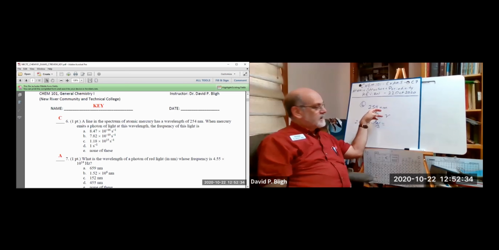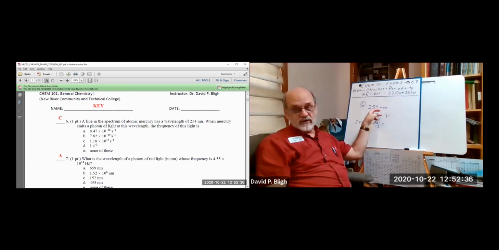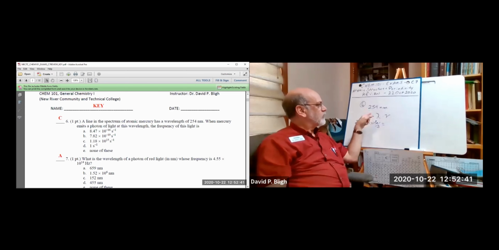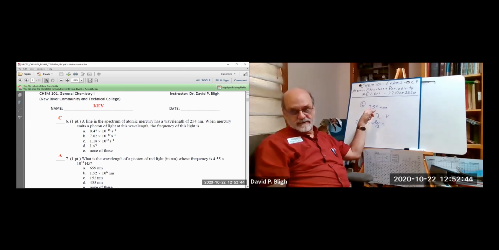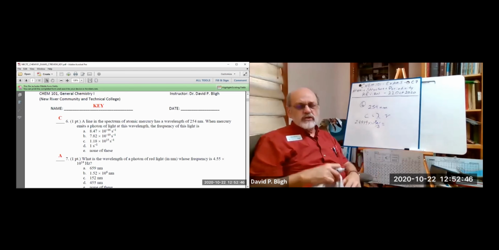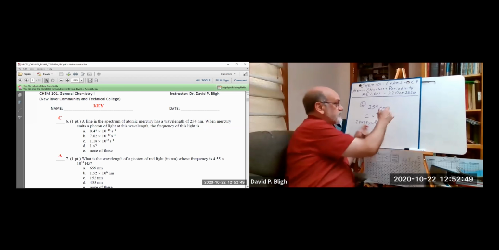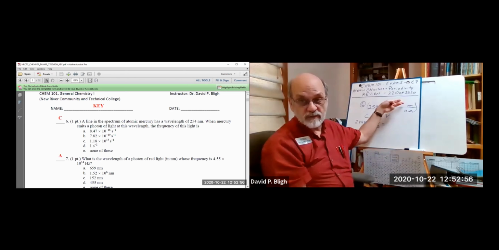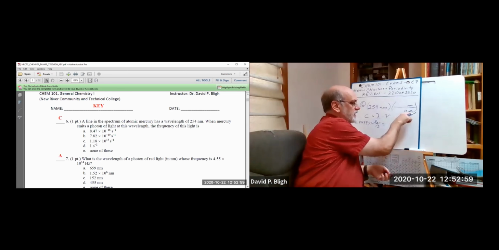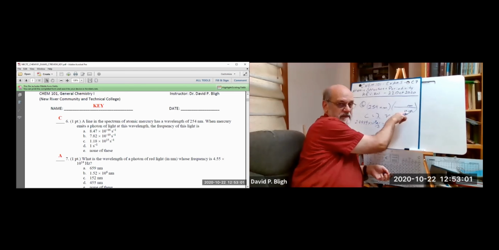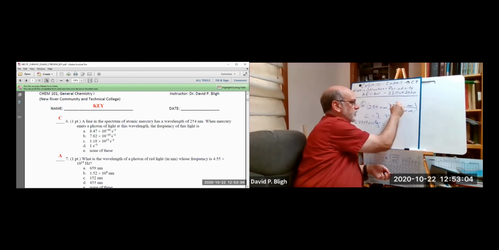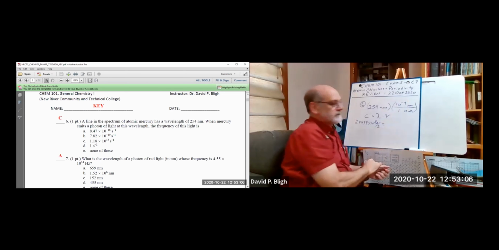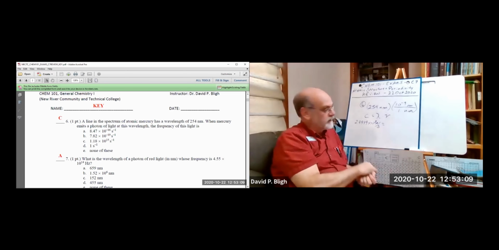The wavelength, you can't use 254 nanometers because that's not a standard unit. Meters is the unit. So how do we make meters out of nanometers? There are 2 ways. You can use dimensional analysis. What's the relationship between meters and nanometers? It takes 10 to the minus 9th meters to make 1 nanometer. A billionth of a meter is a nanometer.